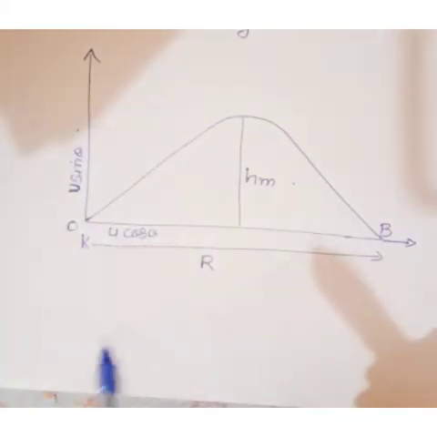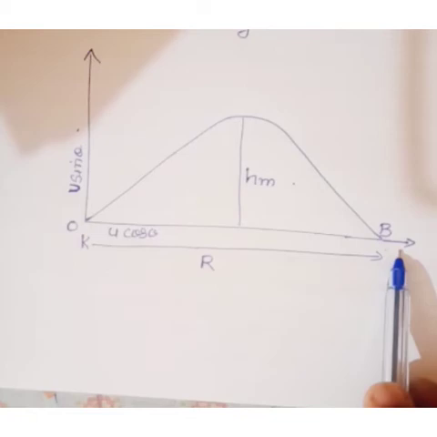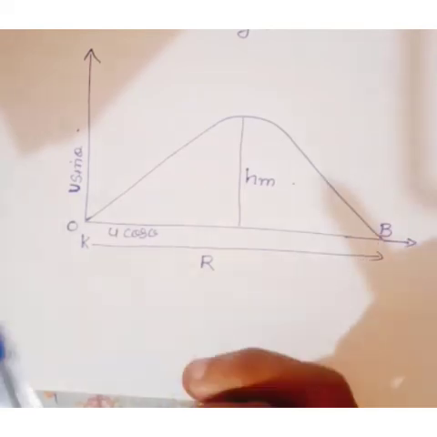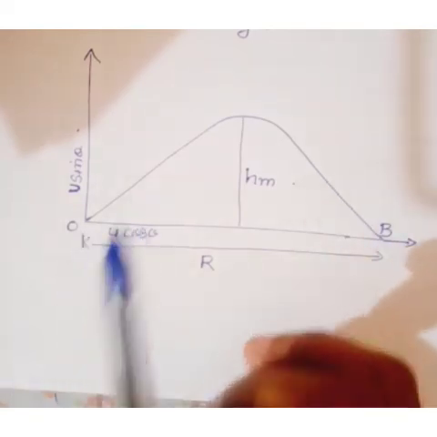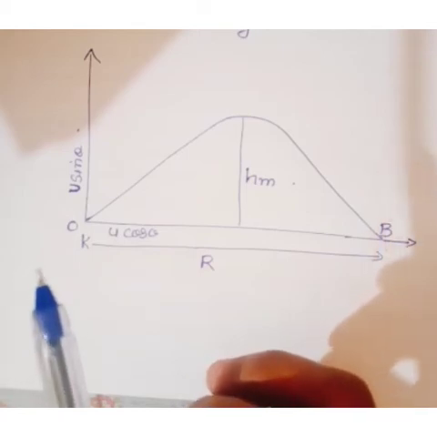Here the body reaches the point B after the time of flight TF. It is the time for which the projectile remains in air above the horizontal plane from the point of projection.